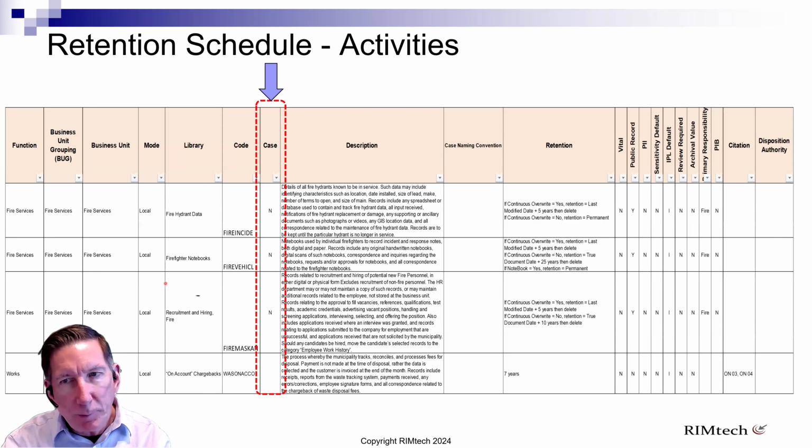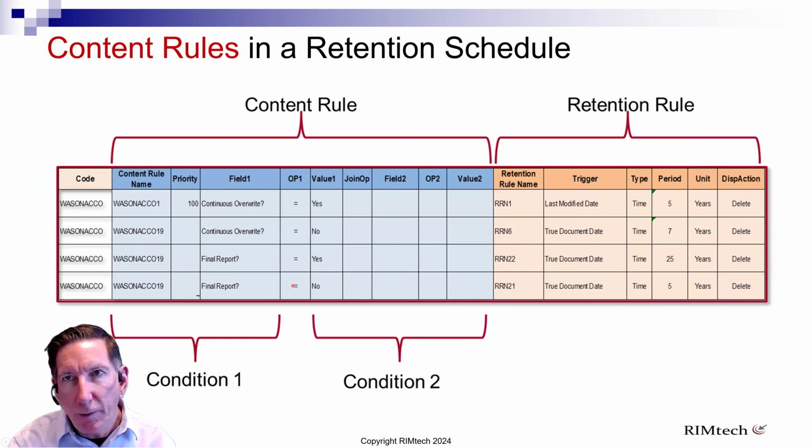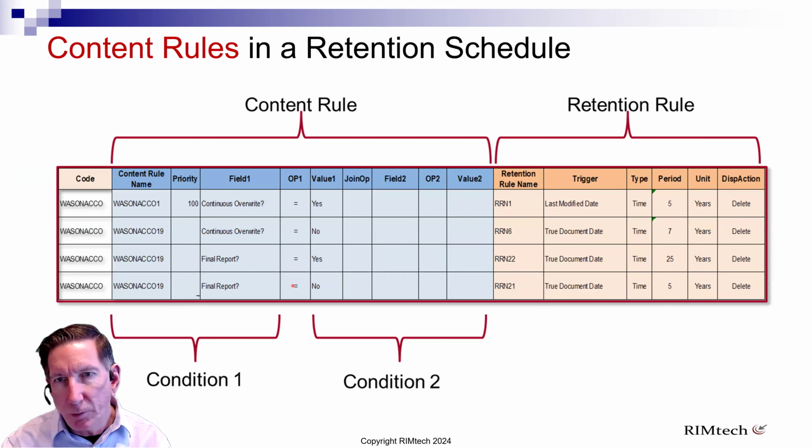Okay, so again, you've seen this before, but I just wanted to magnify it and show it in more detail. Every single category in your retention schedule must specify whether it's case or not, so the software knows which mode to work in. So in a modern software-ready retention schedule, you have to specify these content rules.